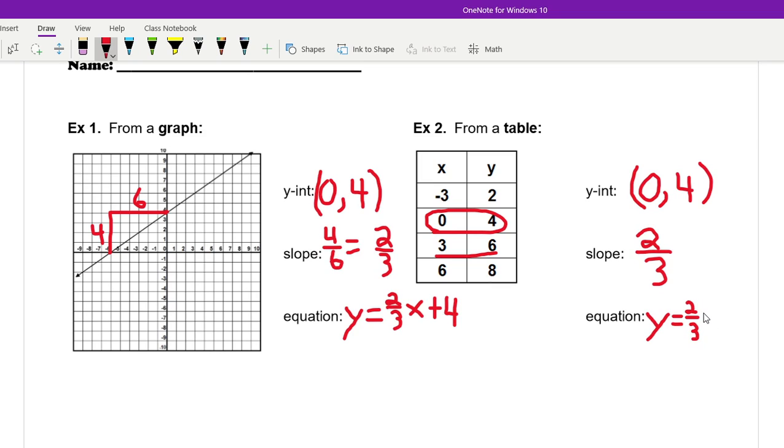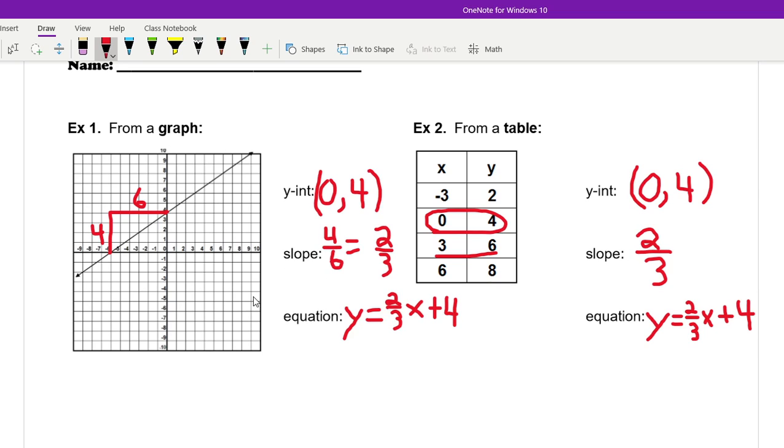Two-thirds for our slope times our x variable plus our y-intercept value. So this is the table to our graph from example 1.